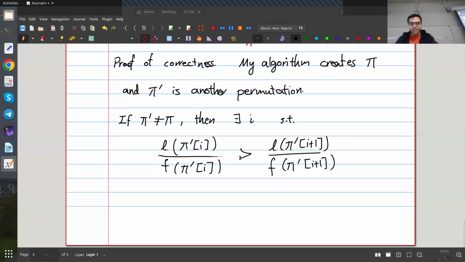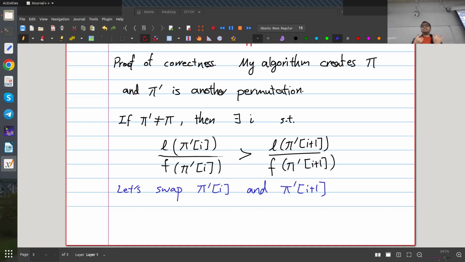But if this is the case, I'm going to do exactly the same thing that I did before. Let's swap P prime of i and P prime of i plus 1, and look at all the costs. If you look at all the elements that were at index i plus 1 or after that, their cost did not change.